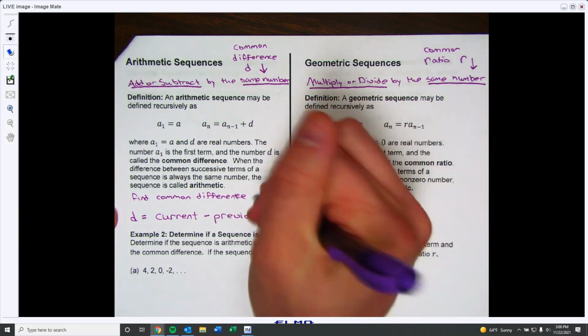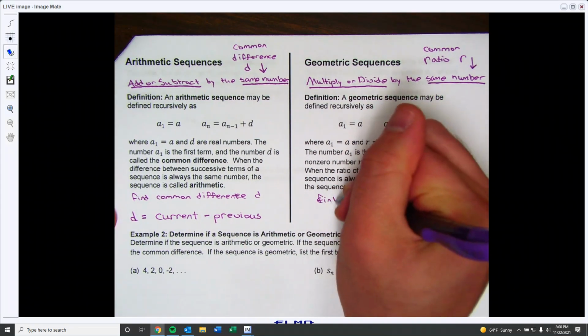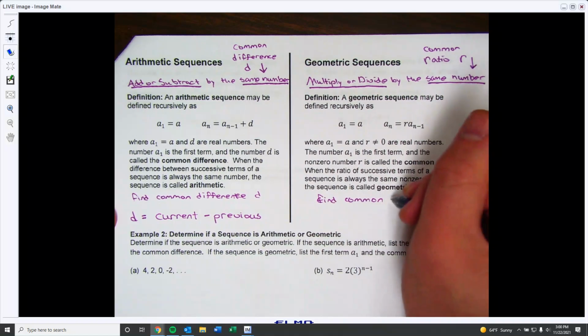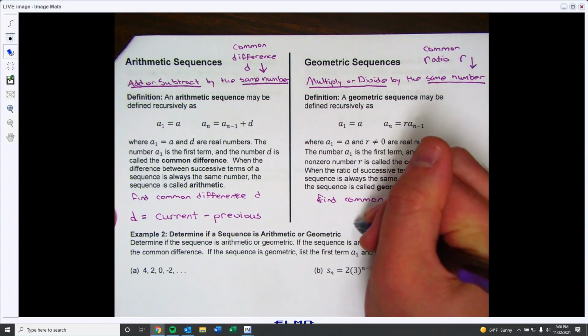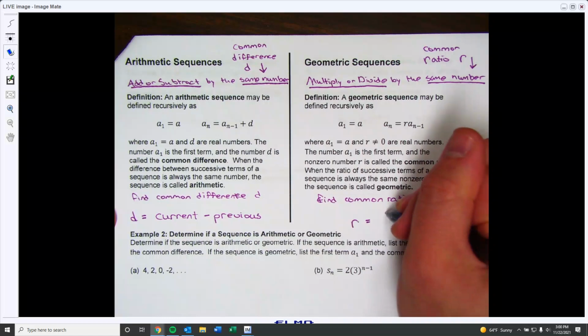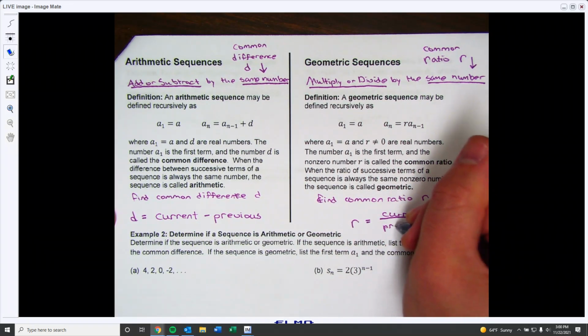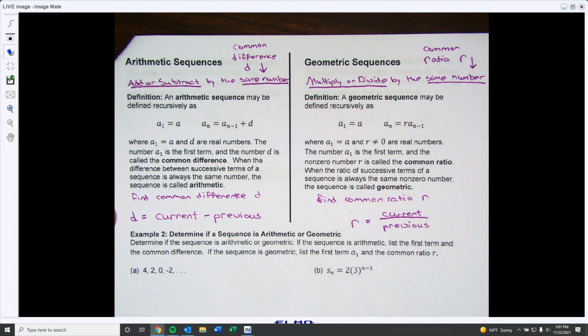And the way that we can find our common ratio is very similar. So find the common ratio R. R will be equal to your current term divided by your previous term. That's how you do it.